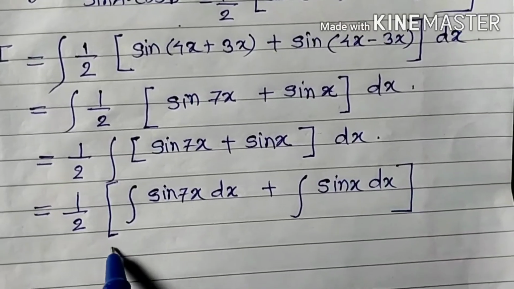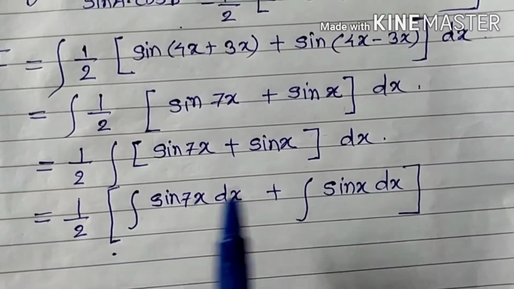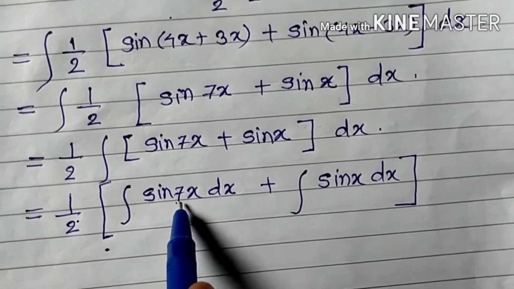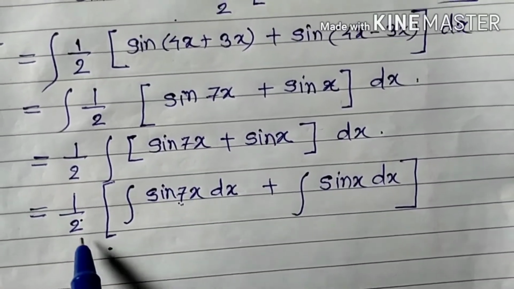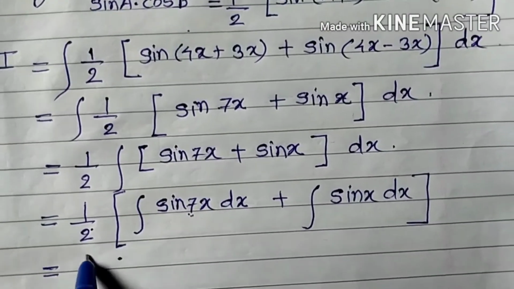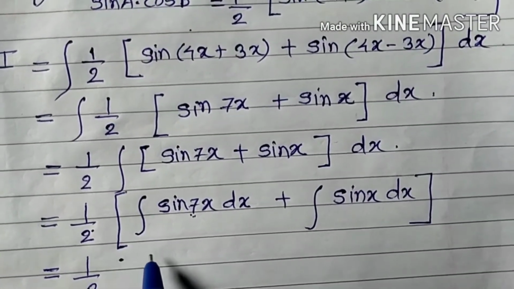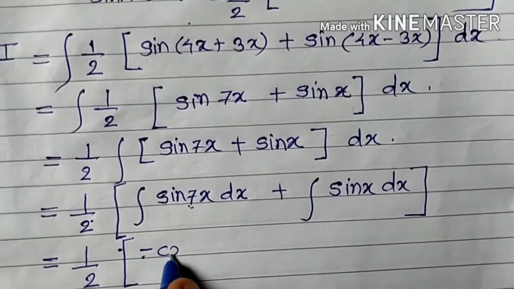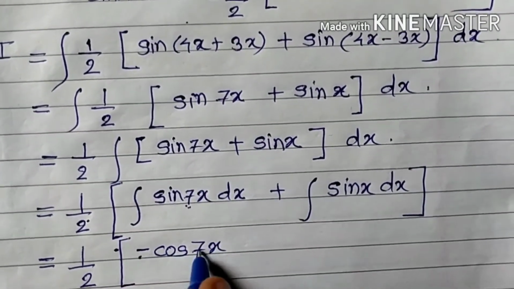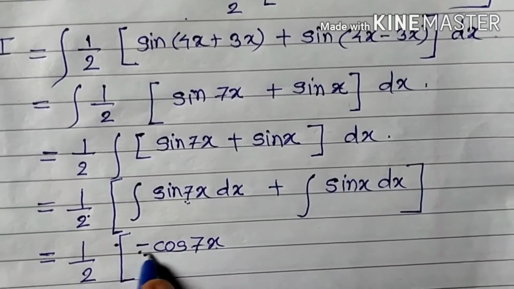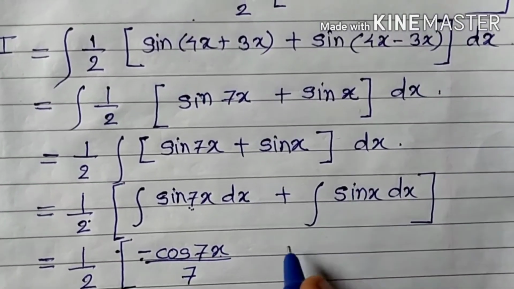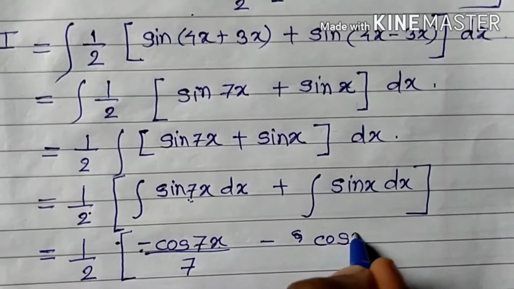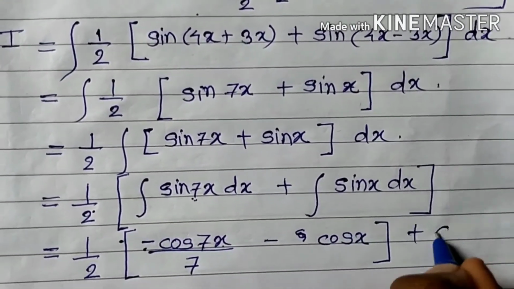Use a proper bracket here, because if you do not use the bracket, then this 1 by 2 is multiplied only with sin 7x, which is wrong. So use the bracket here. Now the integration of sin 7x is minus cos 7x. 7 is multiplied with the variable, so it is divided. And the integration of sin x is minus cos x plus c.